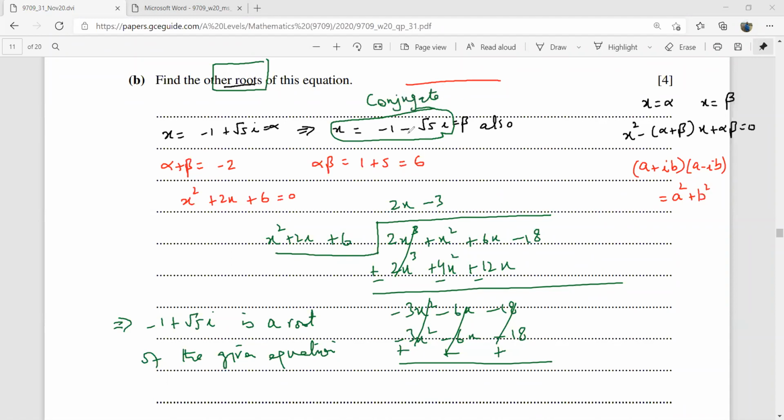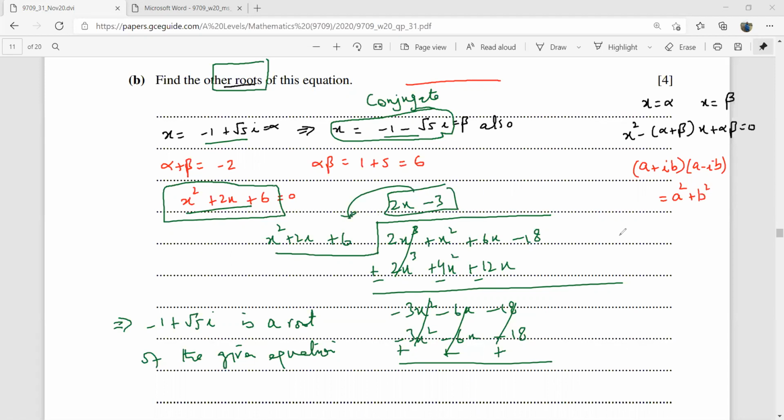So this is the quadratic factor of this given polynomial. You divide this. So you have already got two roots from this. One is this, the other is this. The third root is going to be this one.